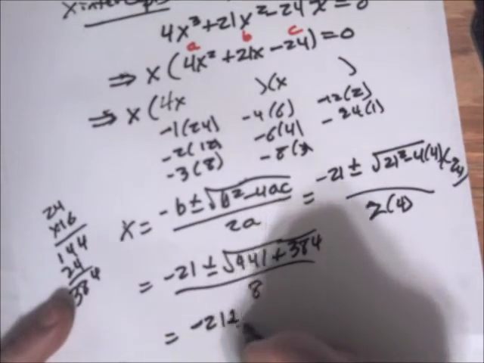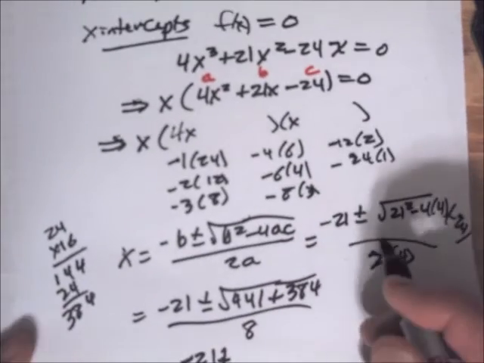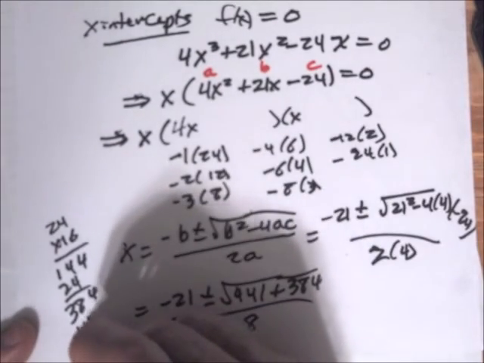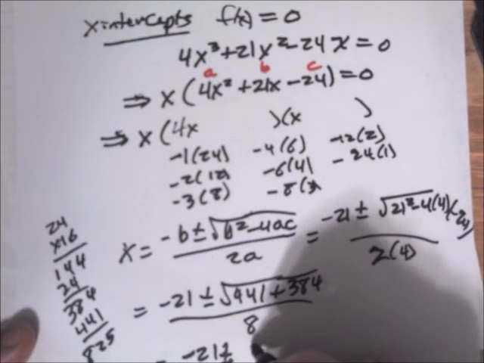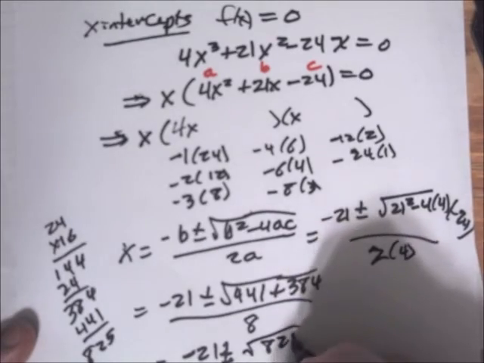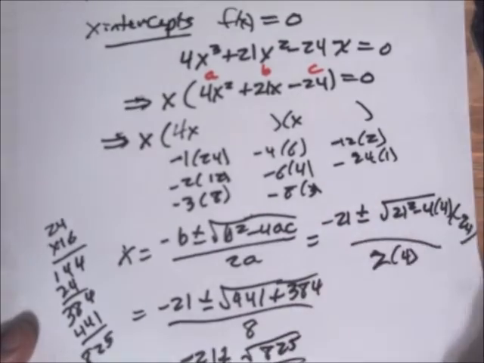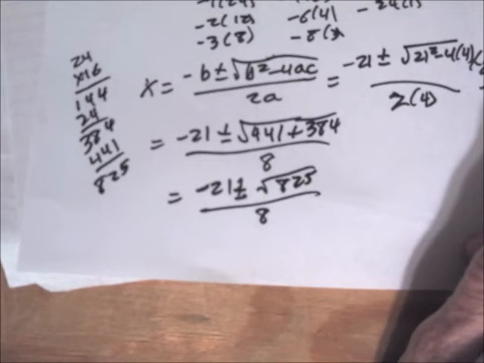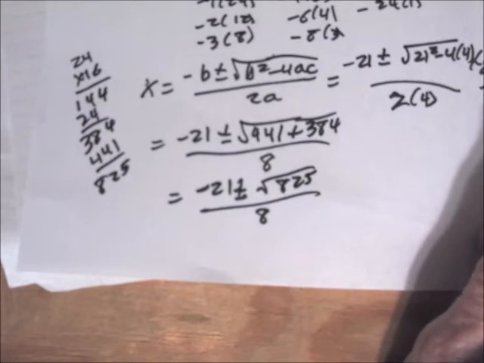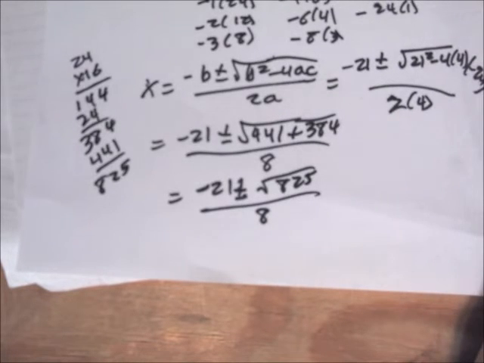Minus 21 plus or minus the square root of 441 plus 384, which is 825. Okay, so the square root of 825. 30 squared is 900, so it'll be close to 30. Maybe 28 or 29.